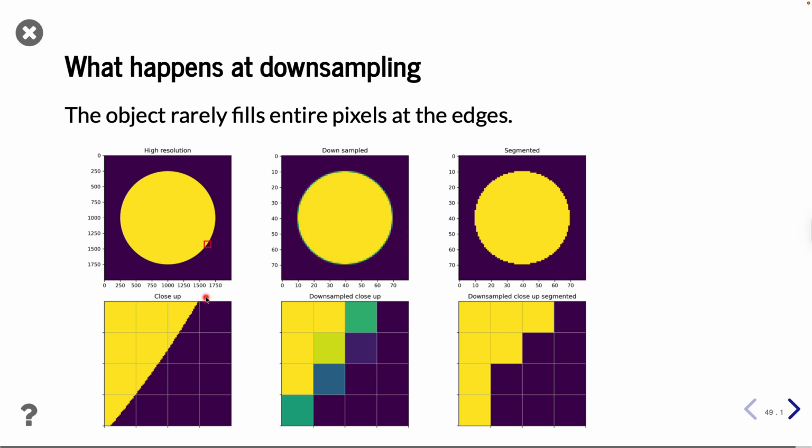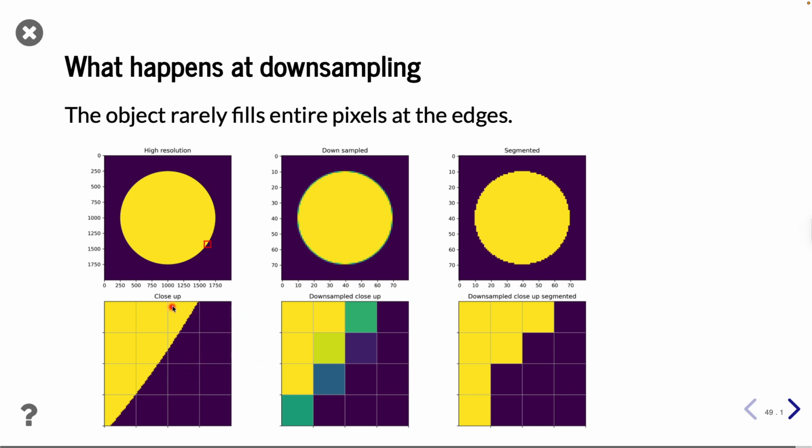If you have the high resolution image and say you want to downsize it to pixels according to this grid pattern that I have introduced, you can see that this one is no problem. But if you come to the edge, then it's really a question of how to handle it. Do you want to do a strict threshold on this downsampled edge, or do you want to take, say, a percentage of the intensity from that edge?